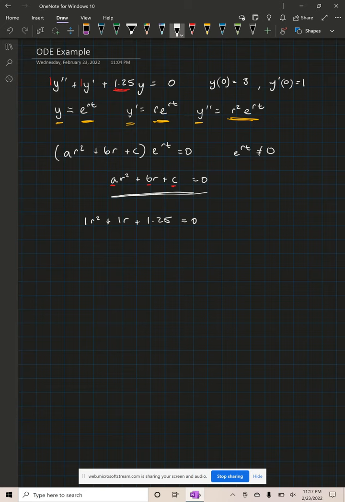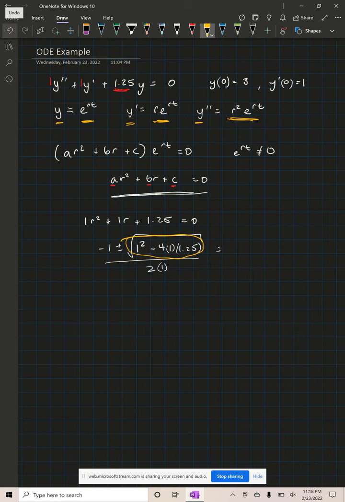The quadratic formula is negative b, which is negative 1, plus or minus the square root of b squared, which is just 1, minus 4a, which is just 1, times c, which is 1.25, all divided by 2 times a, which is just 1. If you do the math on this, you'll notice that in the discriminant, we will actually get a negative value under the square root symbol.